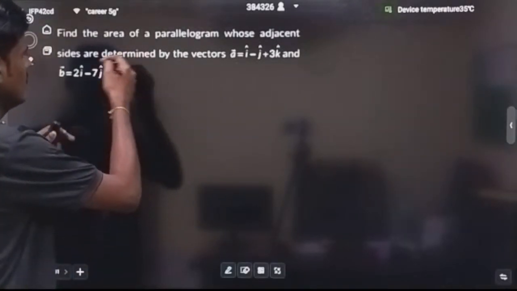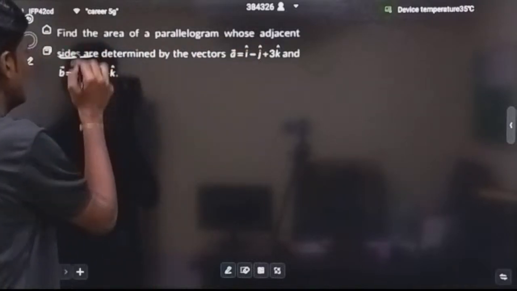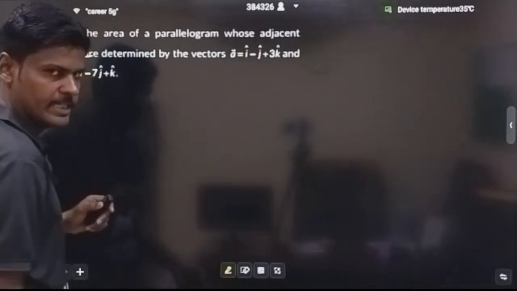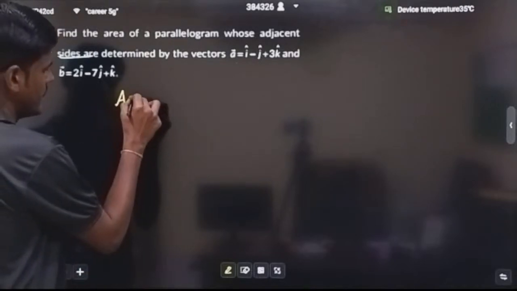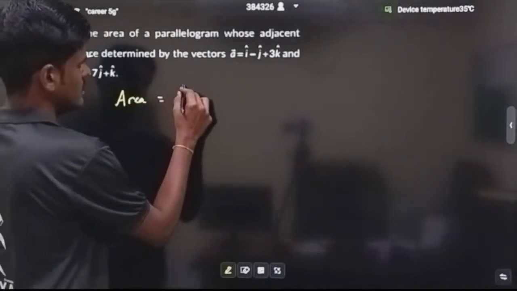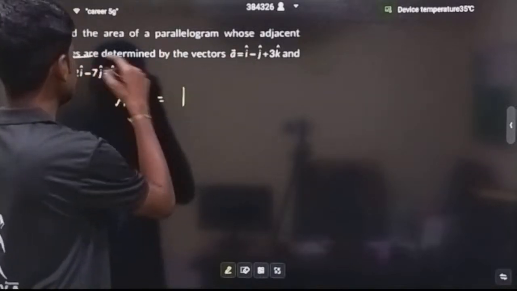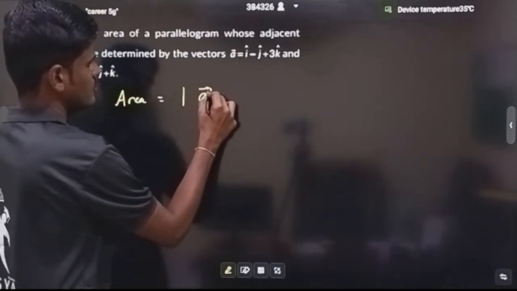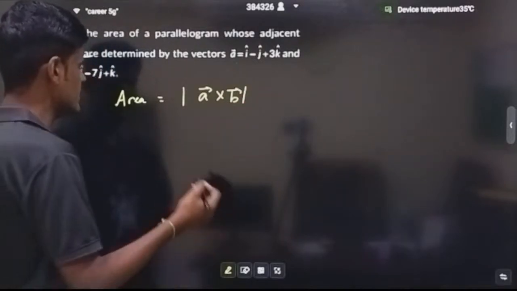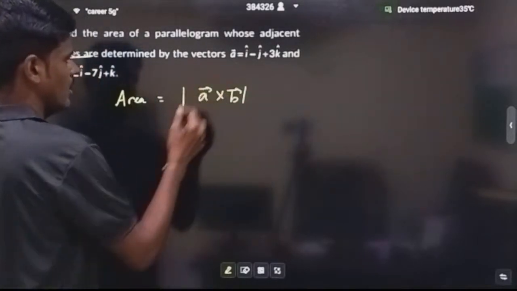When we know the adjacent sides, area is given by modulus of A cross B. Area of parallelogram is given by modulus of A vector cross B vector, since these are sides. This is our required answer.